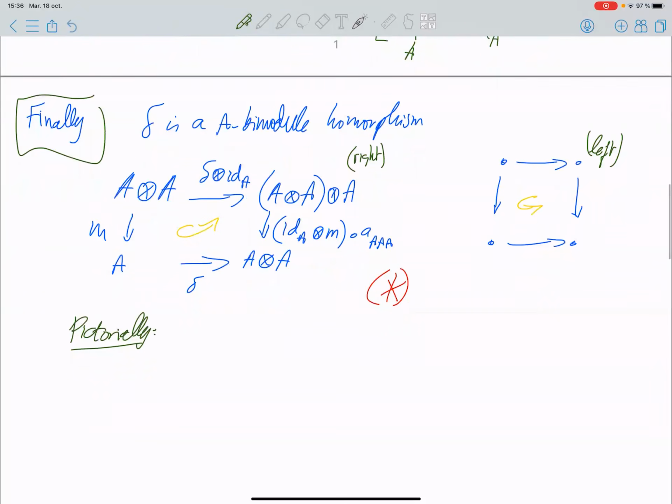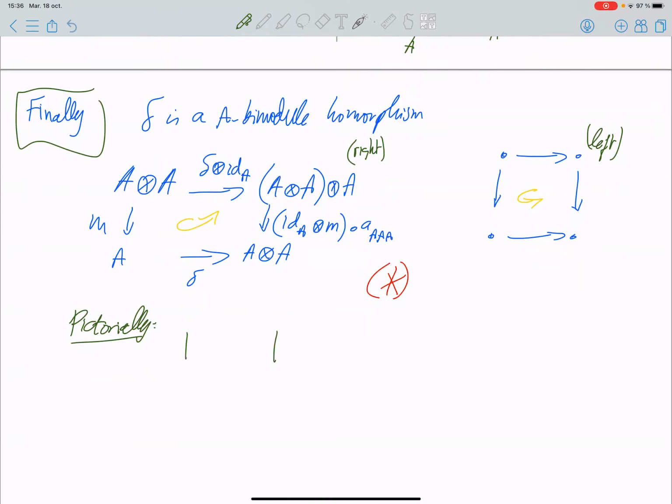You start from a tensor A, you apply the delta, here you apply the identity, and then you have identity here, and you have multiplication here, and then identity. And you have some associativity constraint in the middle. So this should be equal to the other way, like that, which is just like that.